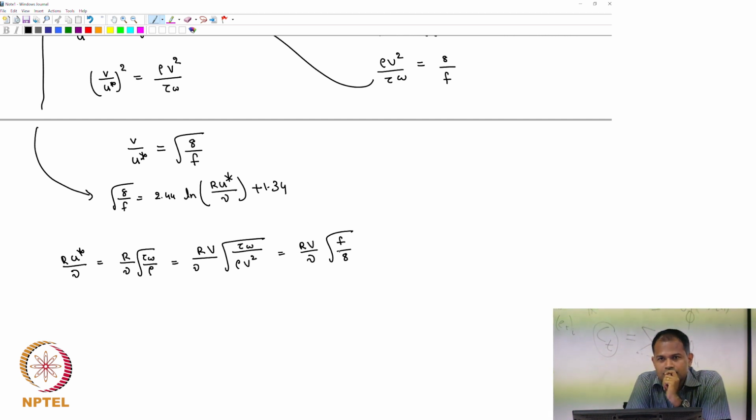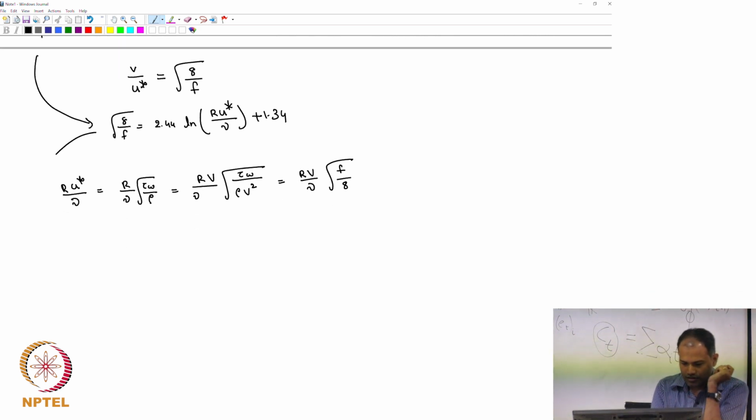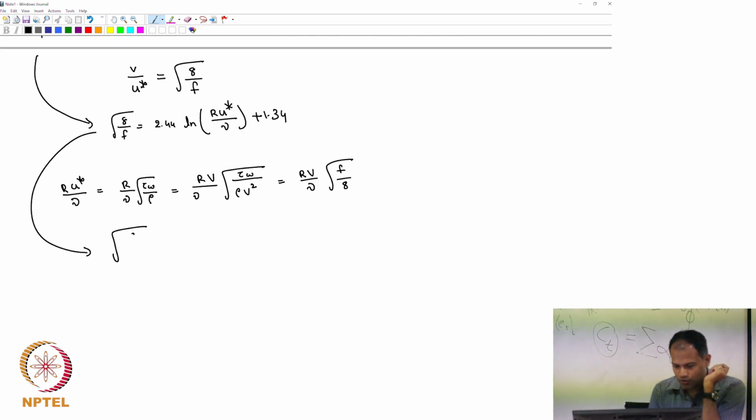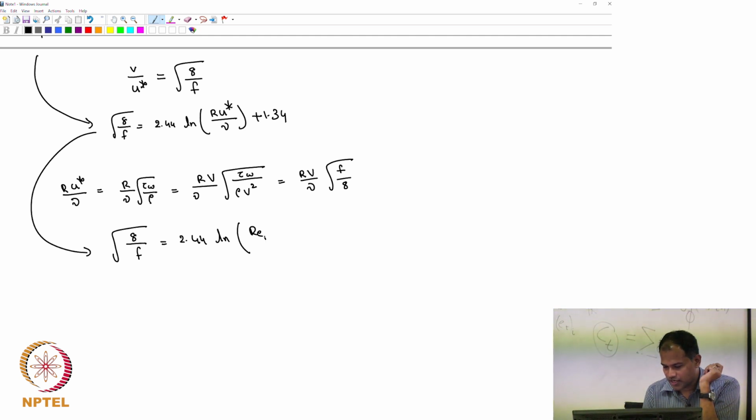In other words, square root of 8 by f is equal to 2.44 logarithm of Reynolds number based on the radius times square root of f by 8, plus 1.34.